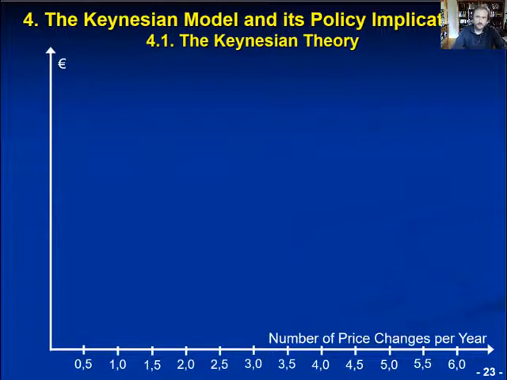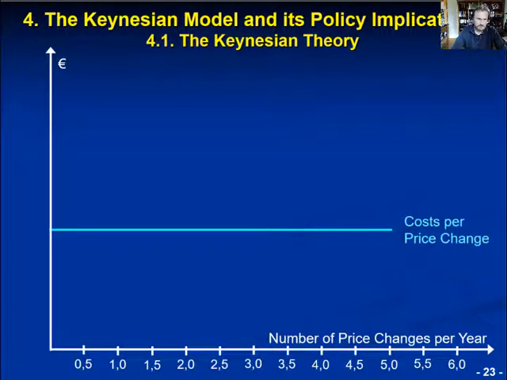Let's assume that the costs of a price change per year are constant and equal 3 euro. So if we measure the number of price changes along this axis here, the y-axis measures the costs, which are in this numerical example equal to 3 euro.